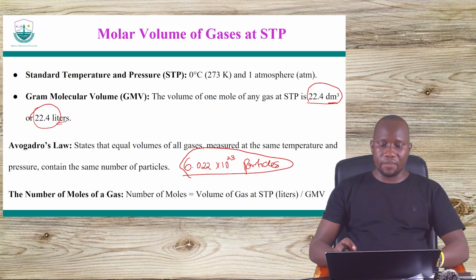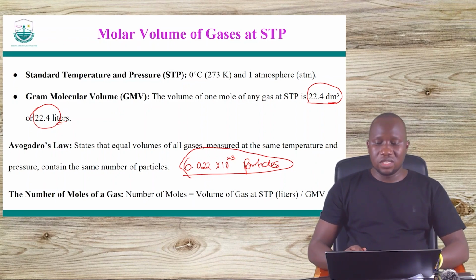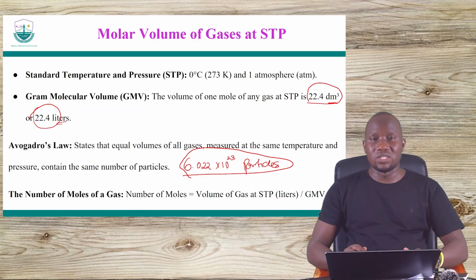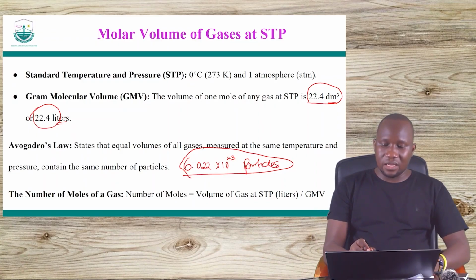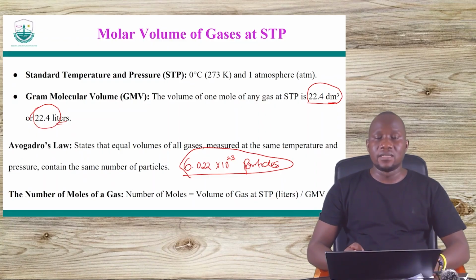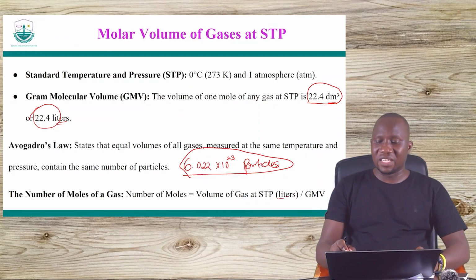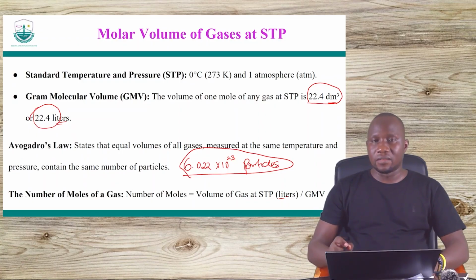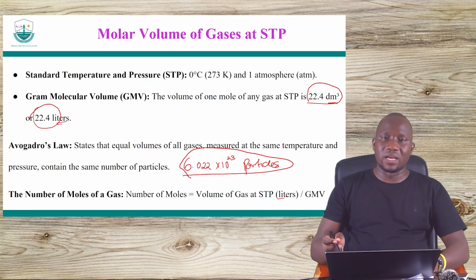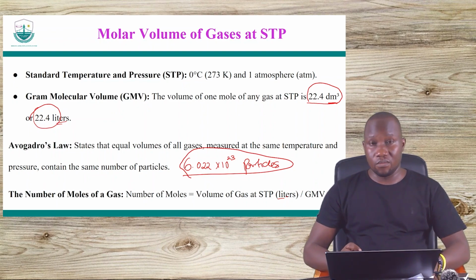That's the law. So how do you determine the number of moles of a gas? You say it is the volume of the gas at standard temperature and pressure, and you can maintain the units in liters, divided by the gram molecular volume.